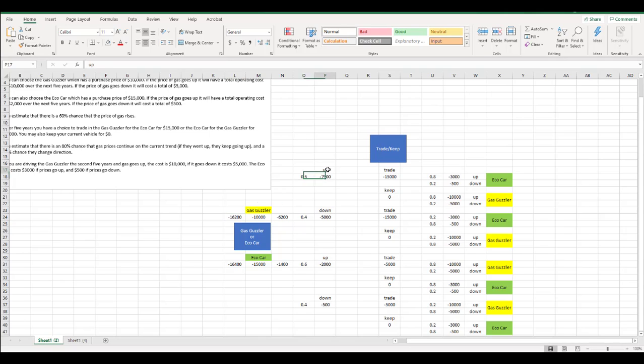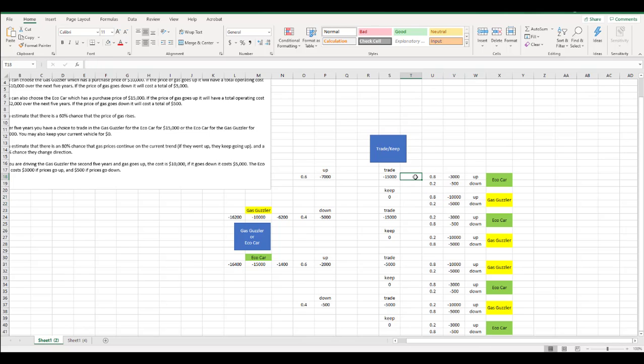In this, the price goes up, and if the price goes up, I can choose to trade. If I trade, the cost is $15,000, and there's an 80% chance that the price continues to go up, and a 20% chance it goes down. I can choose to keep. The cost of keeping is 0, and if I keep the gas guzzler, then the cost is $10,000 in operating costs and $5,000 with, again, 80 and 20.